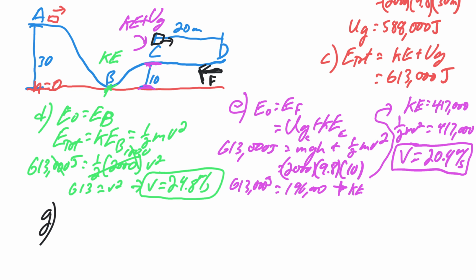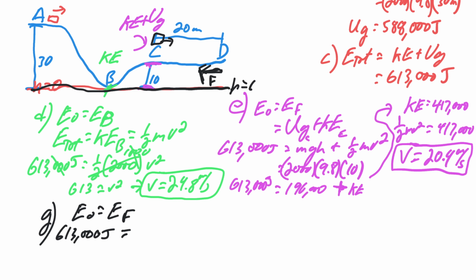So there's multiple ways to approach this. So again, we're going to do our E initial equals E final. Now you have to be careful here, because if we want to use our E initial of 613 like we've been doing, it's perfectly fine to do that. But what you have to remember is that number is based on the ground being our h equals 0 point.